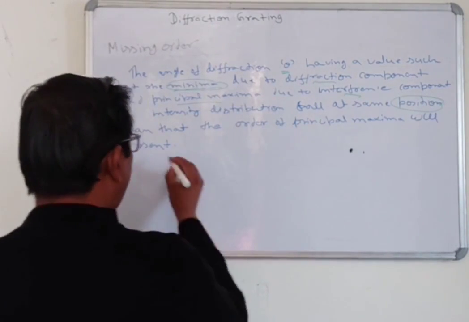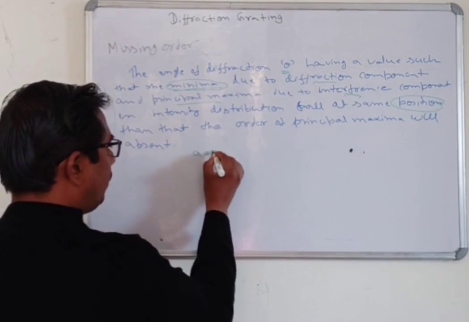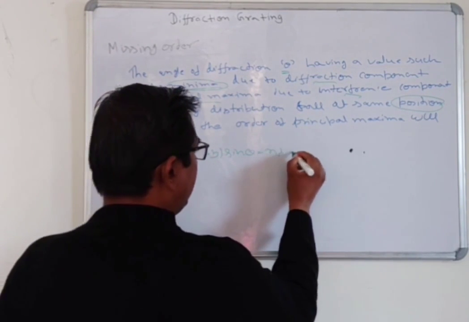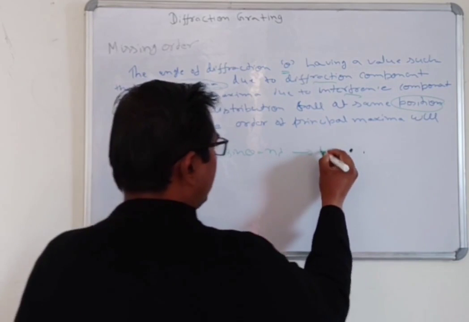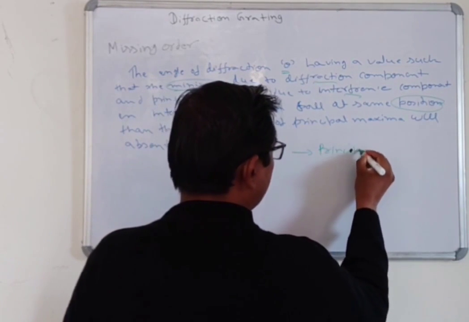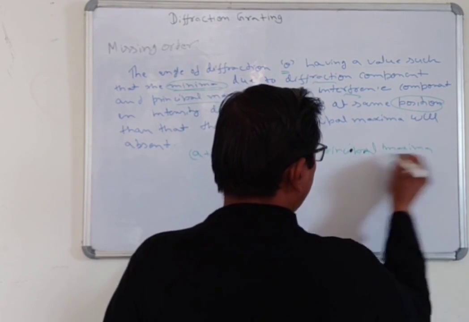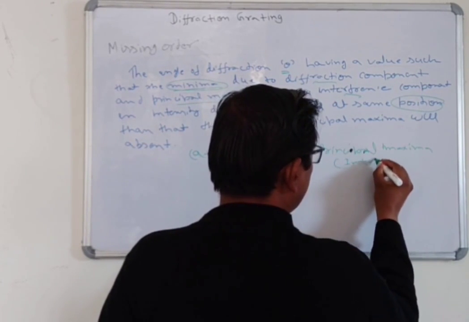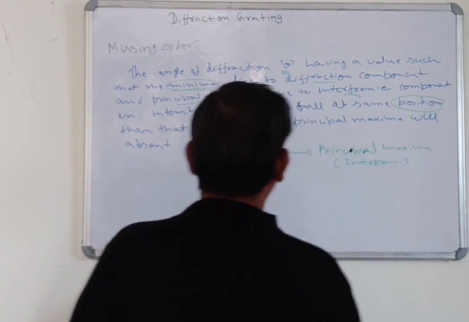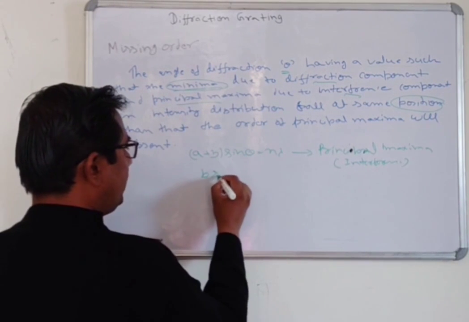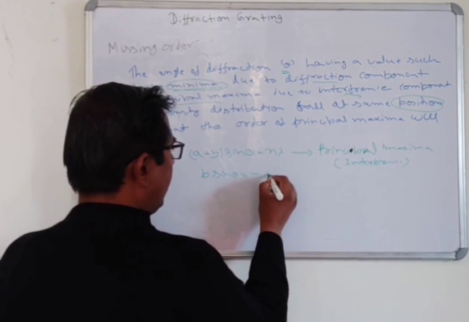All of you know that the condition for principal maxima is (a+b) sin theta equal to n lambda.